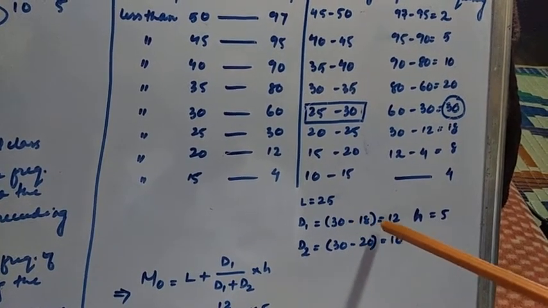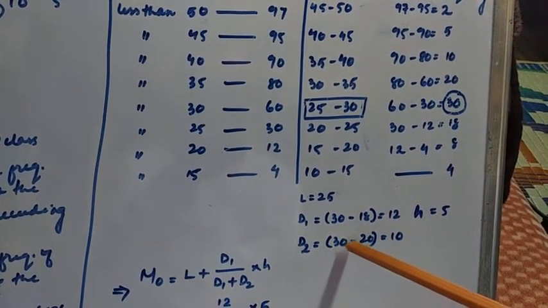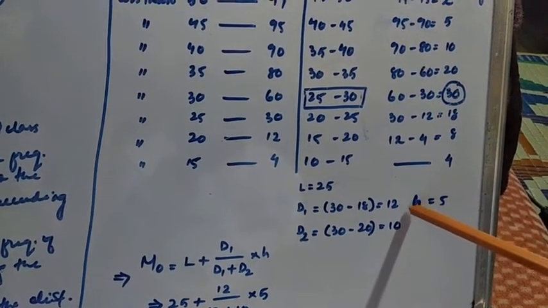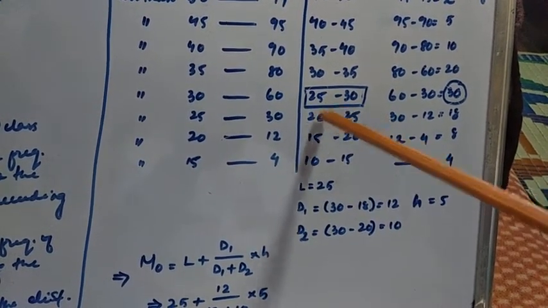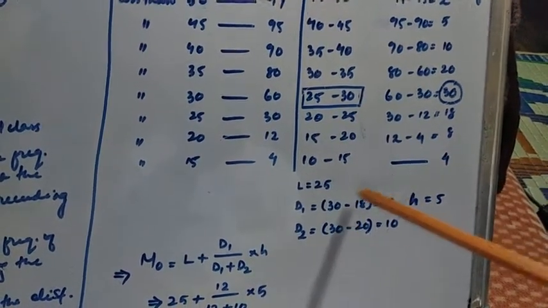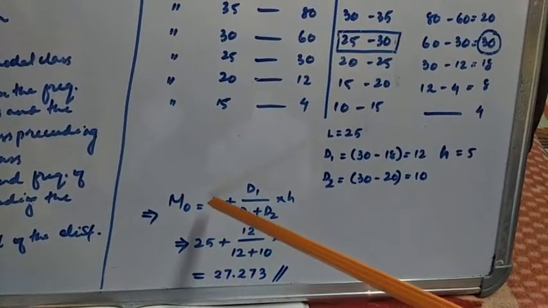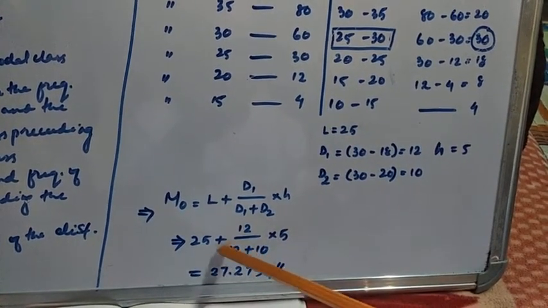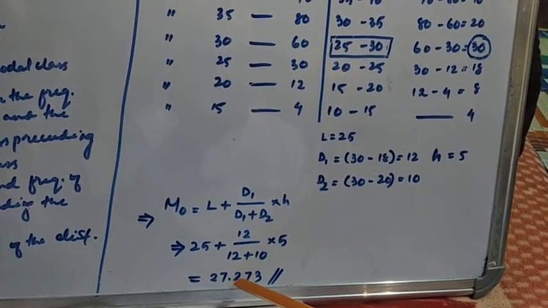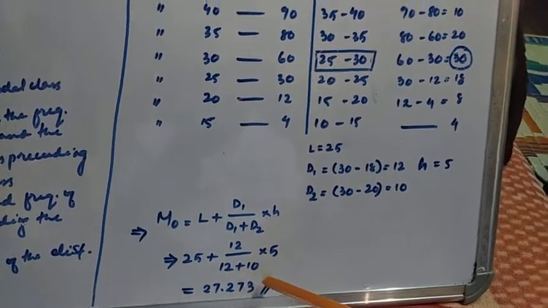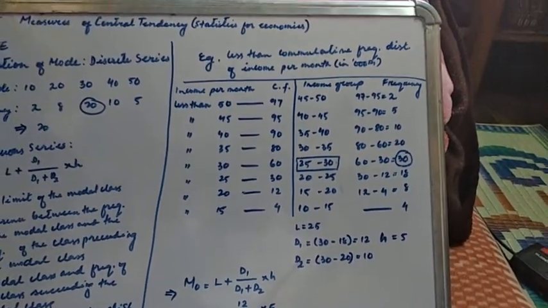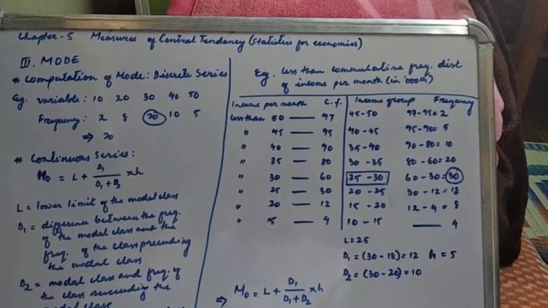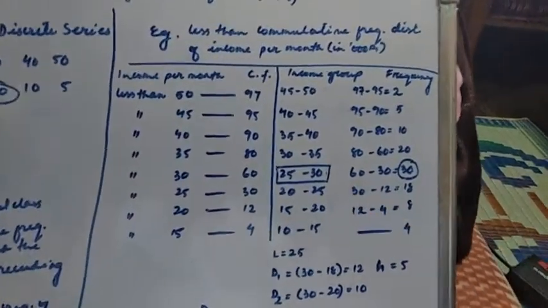So 30 minus 18 is 12. D2 is 30 minus 20, which is equal to 10. Substitute all these values. H is 5 because the class interval is 5. In the formula: 25 plus 12 divided by 12 plus 10, into 5, and the answer you get is 27.273. That is how you compute the mode value for continuous series.